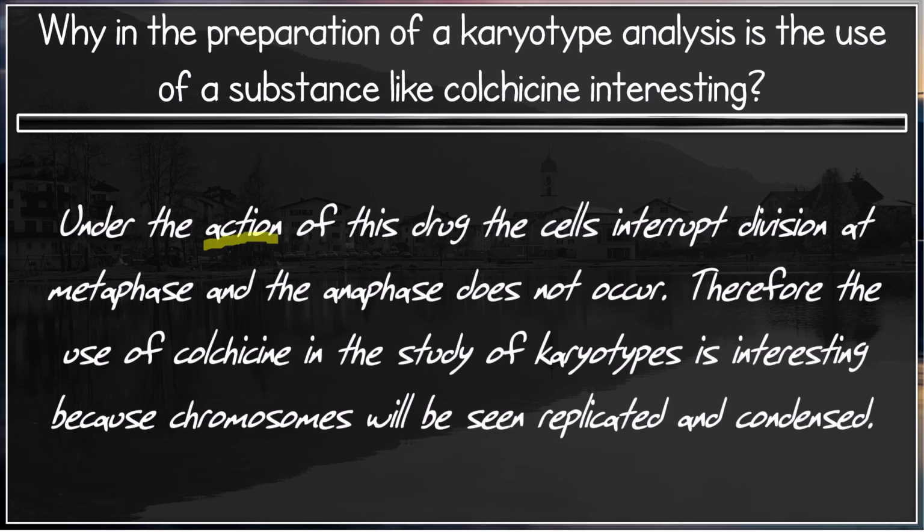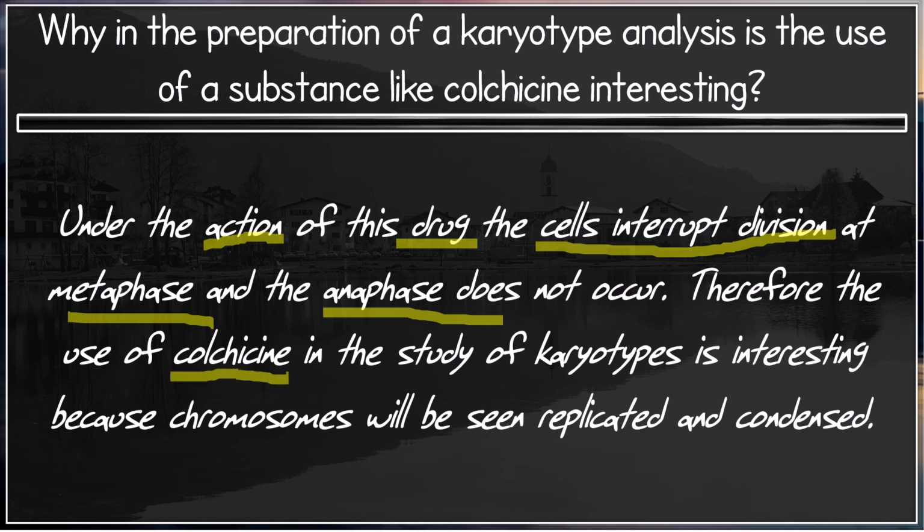Under action of this drug, the cell interrupts division at metaphase, and the anaphase does not occur. Therefore, use of colchicine in the study of karyotype is interesting because chromosomes will be seen replicated and condensed.